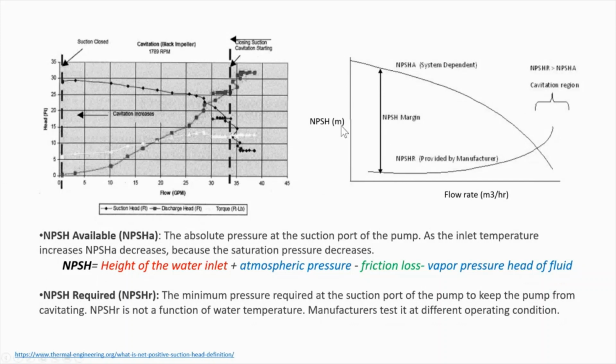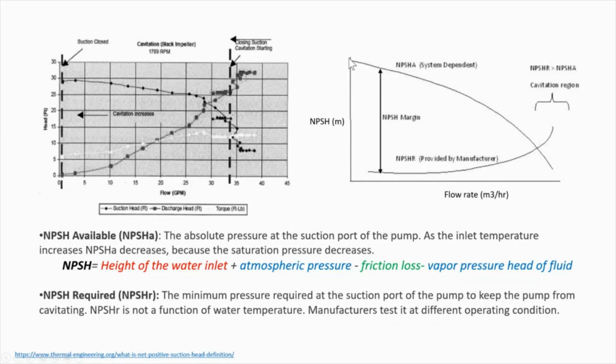Now let's say you have this centrifugal pump, you're pumping fluid through it, and this is the curve that your manufacturer gave you: as the flow rate goes up, your required pressure goes up. However, the net positive suction head available is on your hand. As an engineer, you calculated how much pressure head or water head you need in your system.